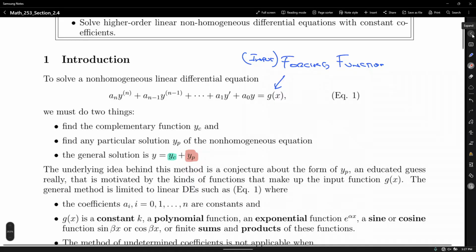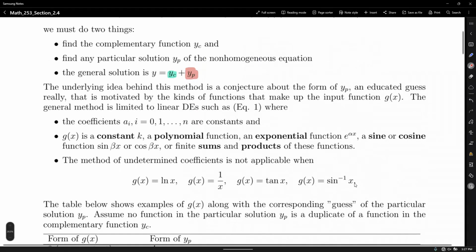Well, actually, I'm going to show you the guidelines of how we are going to get that guess. It's not just guessing. There's actually something we're going to follow, and that's going to depend on the form of the input function.